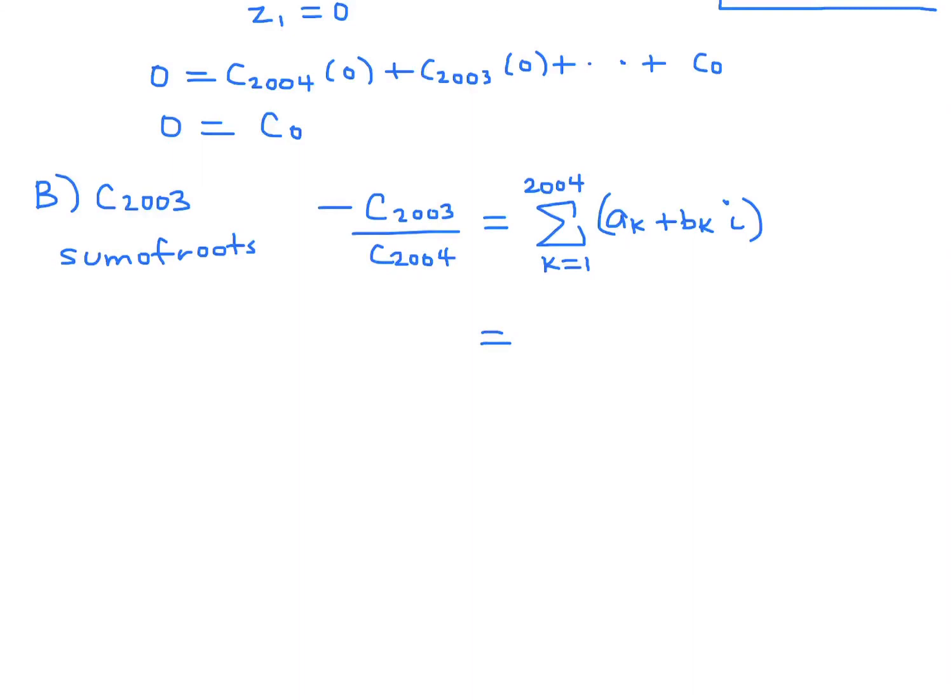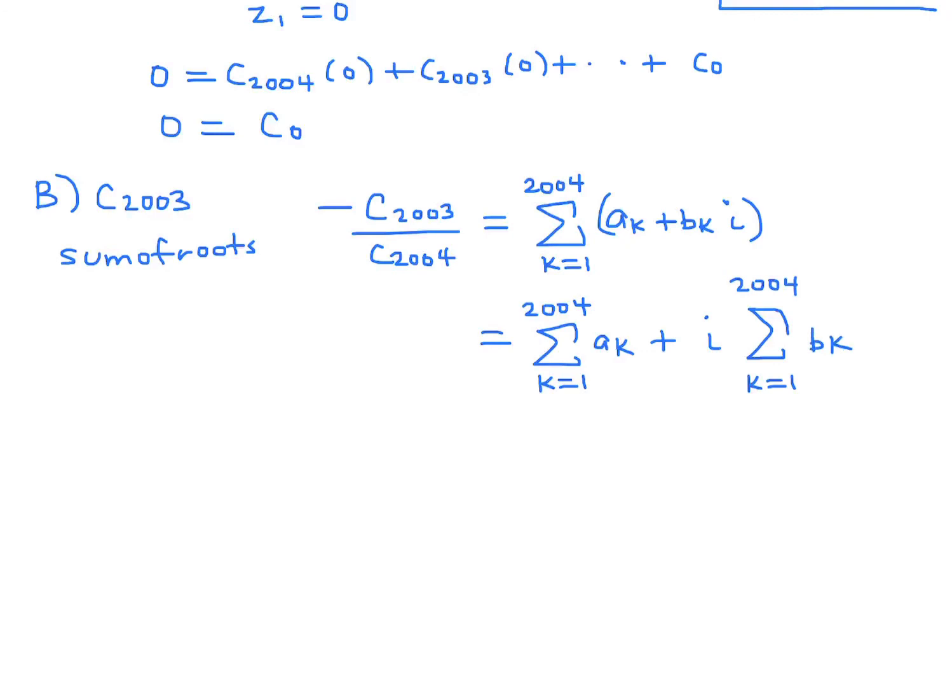So let's separate this. This becomes the sum from k equals 1 to 2004 of ak, plus, I'll factor out the i and put the i in front, the sum from k equals 1 to 2004 of bk.